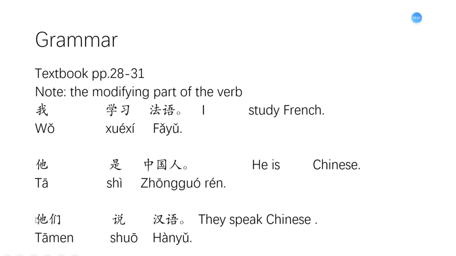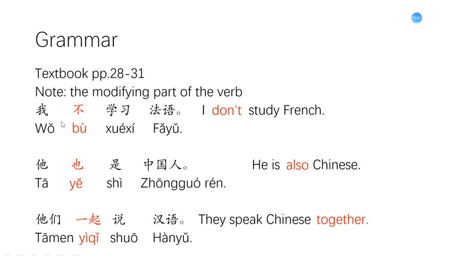Sometimes we have a modifying part for these verbs. Where to place the modifying part is important. Usually we place it before the verb. That's a typical and common word order in Chinese, right?